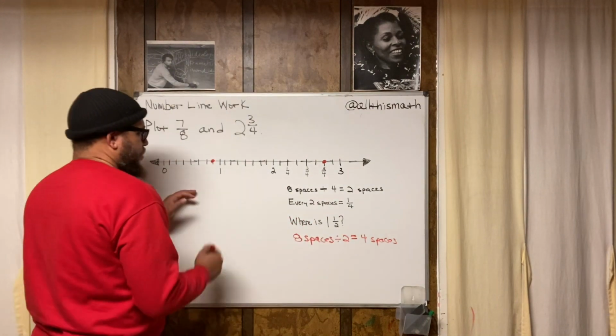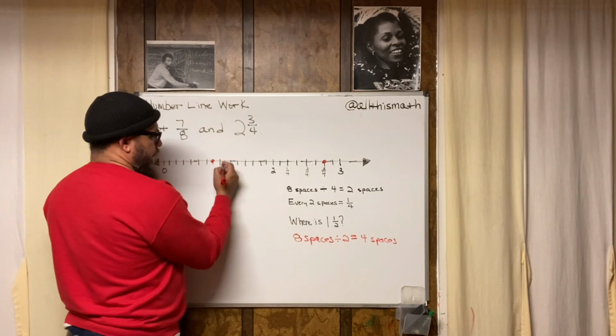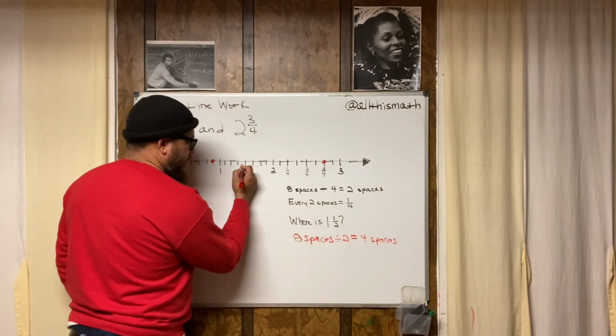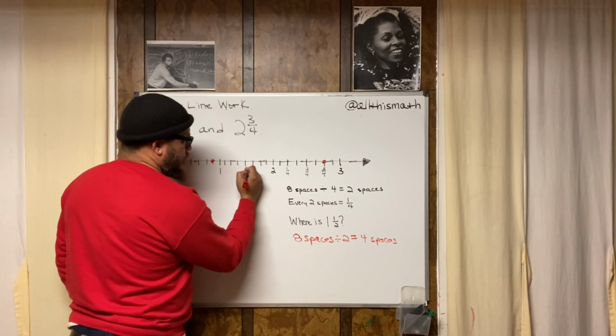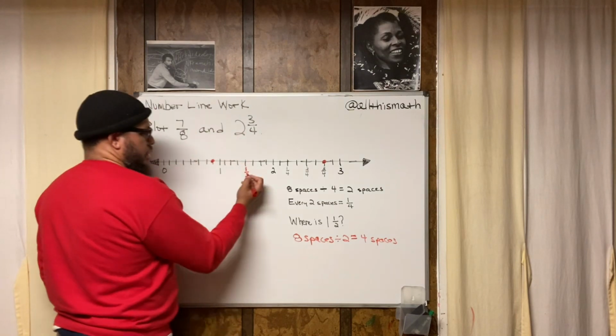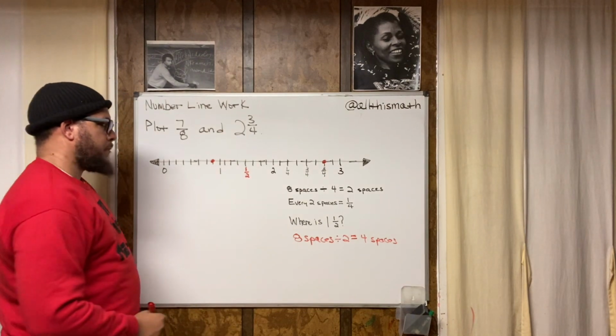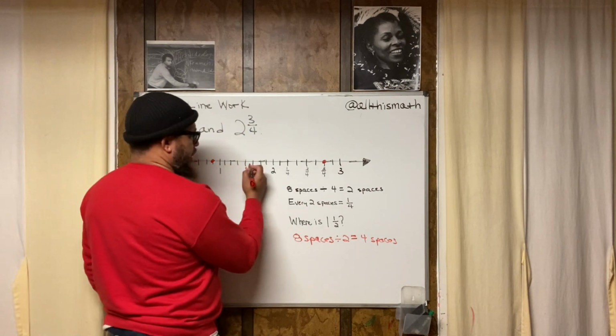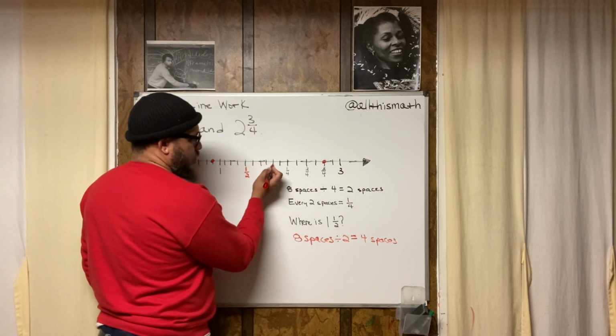So check this out. I go from 1 and I count 1 space, 2 spaces, 3 spaces, 4 spaces. This is the 4th space, so this is 1/2 right here. And then the other half is going to be 1, 2, 3, 4 again. And look where we're at.